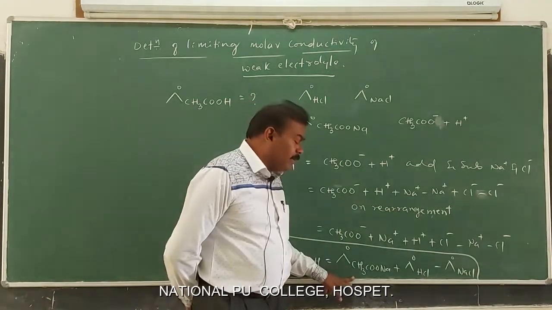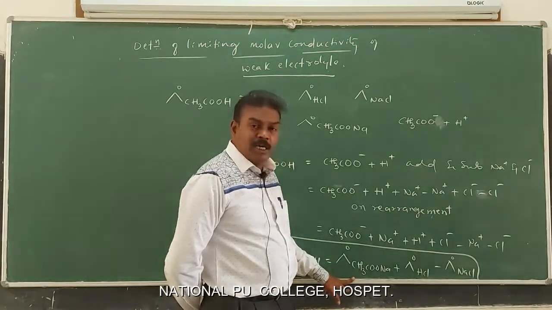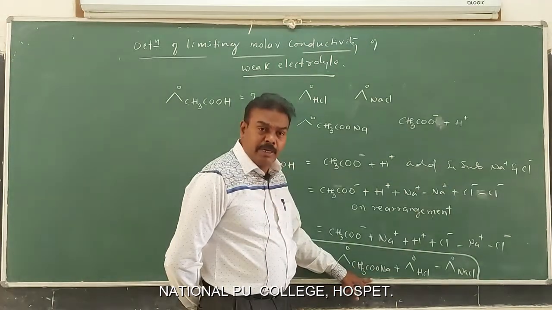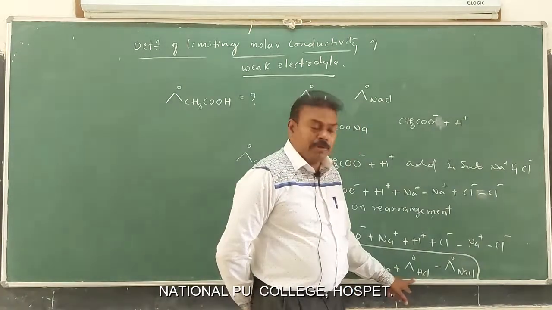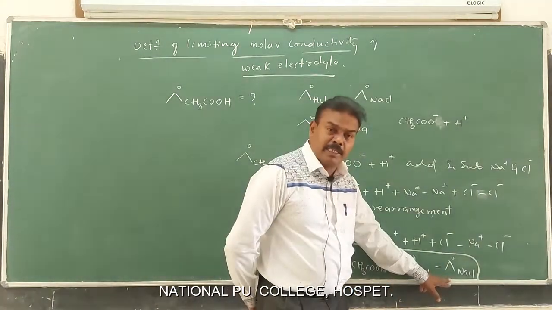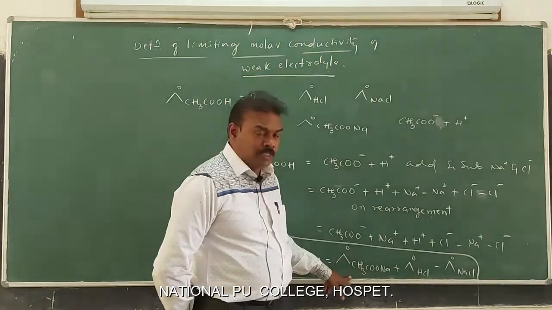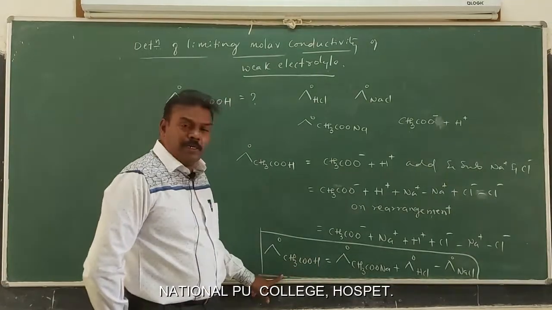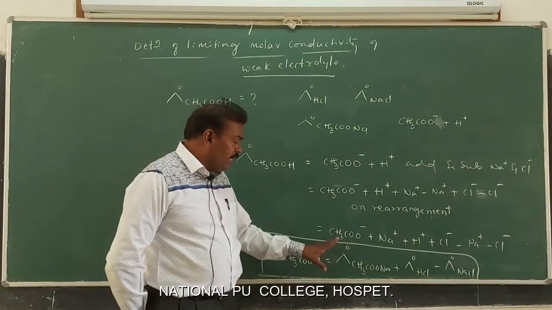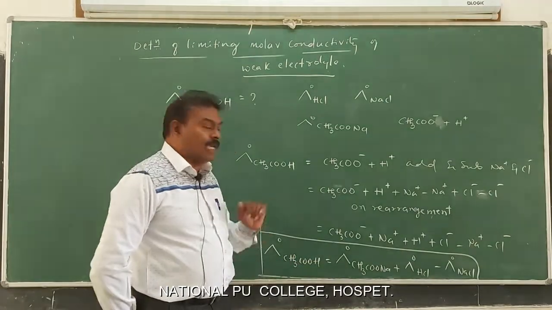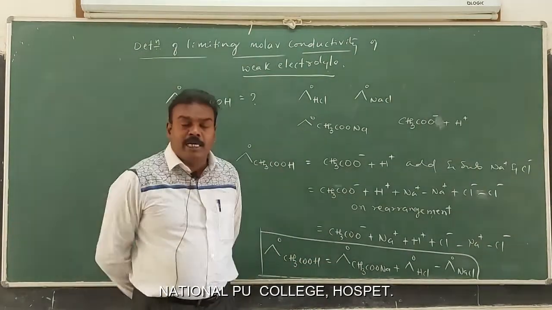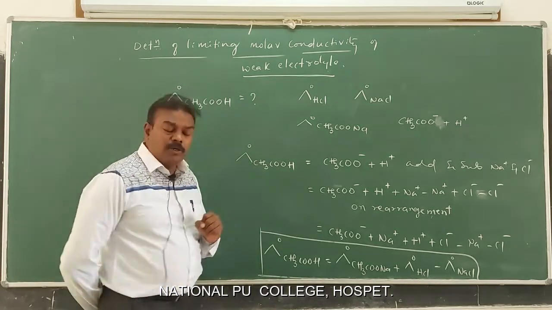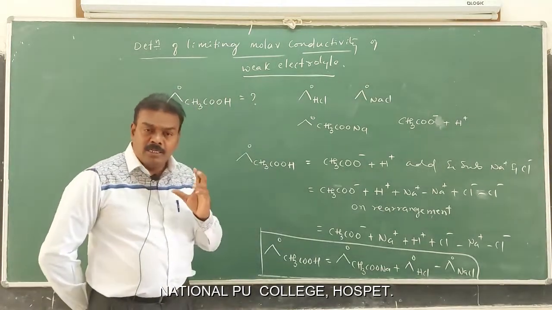The values of the limiting molar conductivity of these electrolytes will be given: sodium acetate, HCl, and NaCl. We have to take all three values, substitute here, and simplify. On simplification, we get the limiting molar conductivity of acetic acid, calculated by using the limiting molar conductivity of strong electrolytes. In this way we have to understand the concept of the Kohlrausch law.